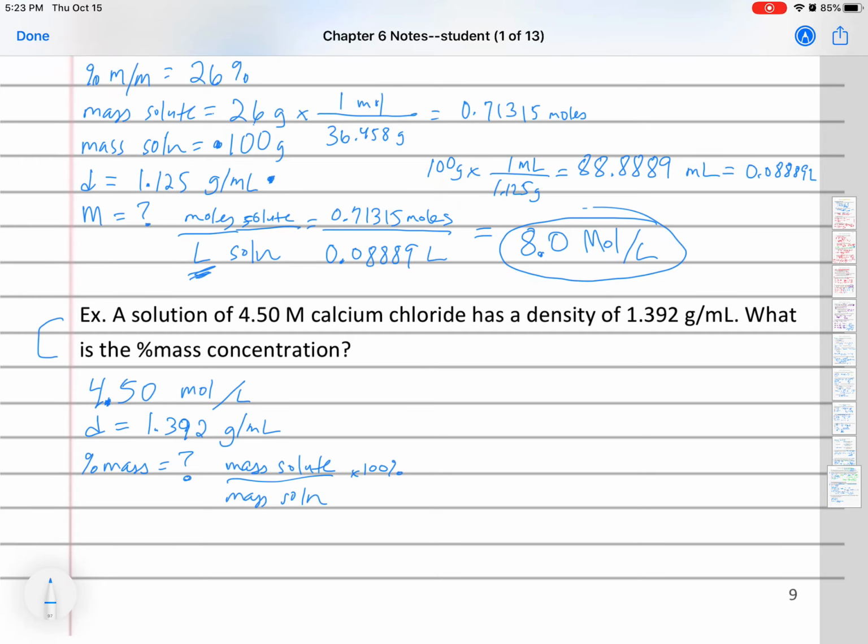What I don't have is an amount of this solution, but it doesn't matter what amount of solution I have, because no matter what volume of solution I have, it's going to be the same concentration.